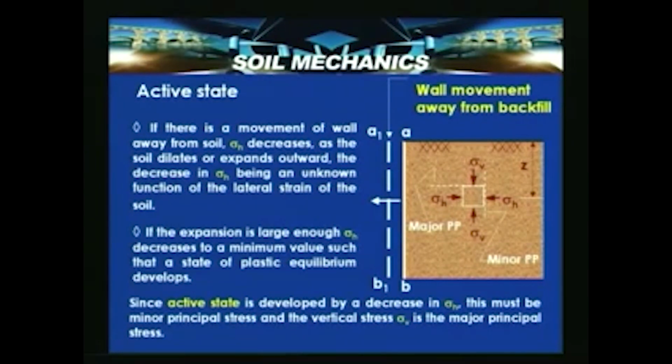So, here as the wall moves away from the backfill, the soil dilates or expands outward. When the wall movement takes place, it is opposed by the shear resistance offered by the soil.